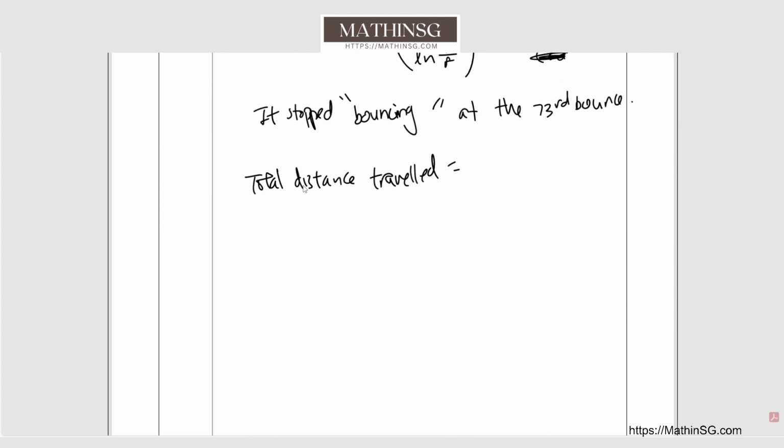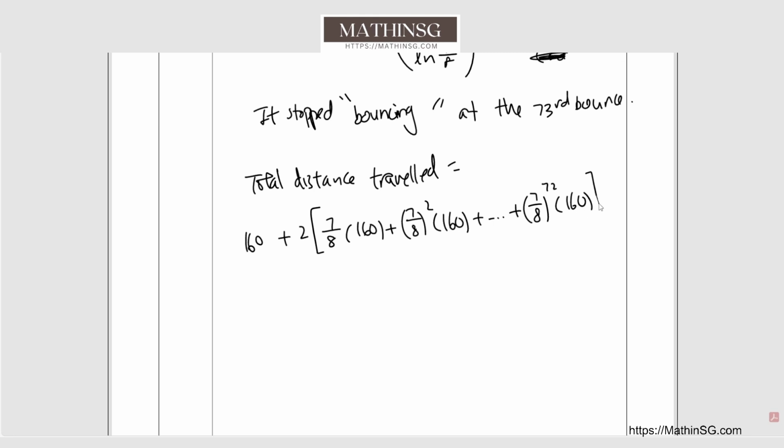So we will need to take 160 plus 2 times 7 over 8 times 160 plus 7 over 8 squared times 160 plus all the way to the 72nd bounce. And this is a GP.